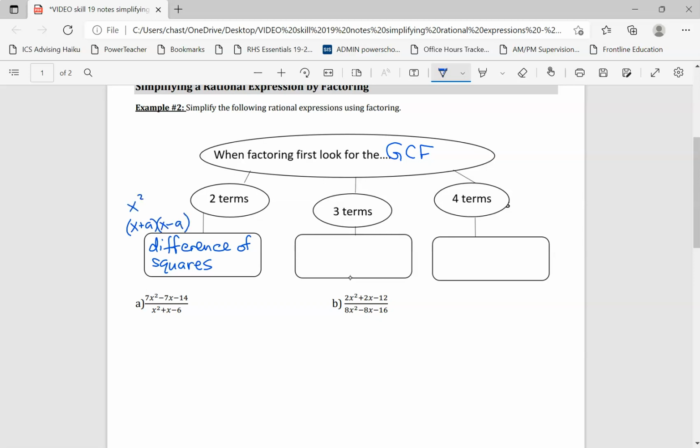And that's if you had like x squared minus a squared. If you have three terms, you're going to use ACB tree, which I've also called magic X. Whatever you want to call it, you do that. And then four terms, you do grouping.